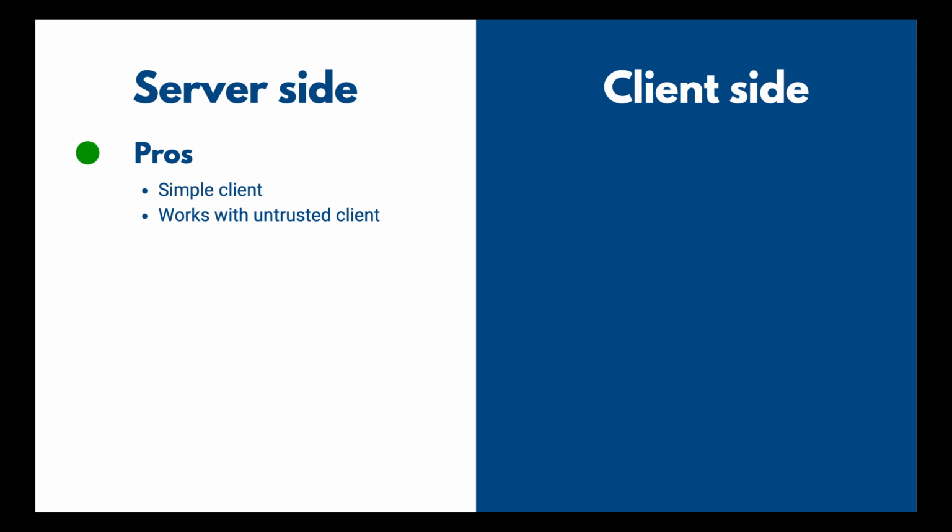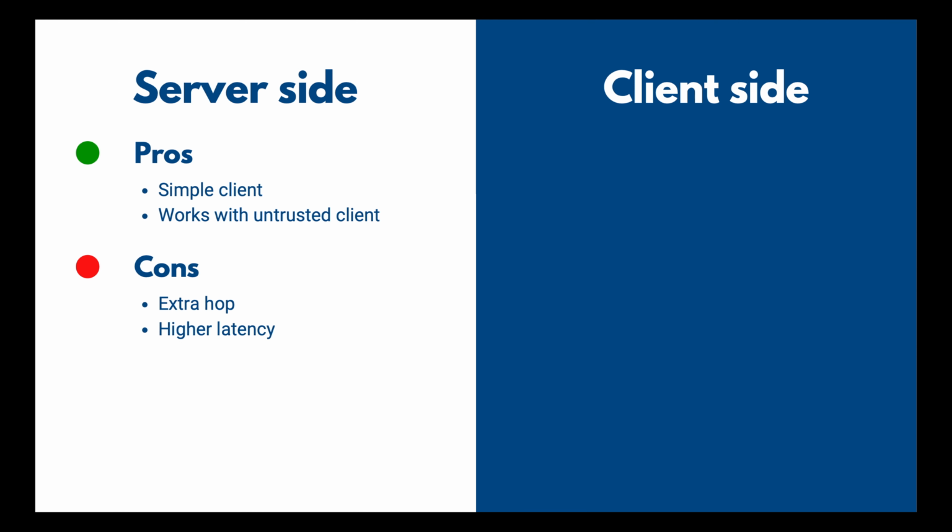One pro of the server-side load balancing is simple client implementation. All the client needs to know is the address of the proxy. No more coding is needed. And this approach works even for untrusted clients, which means the gRPC service can be open for everyone from the public internet.